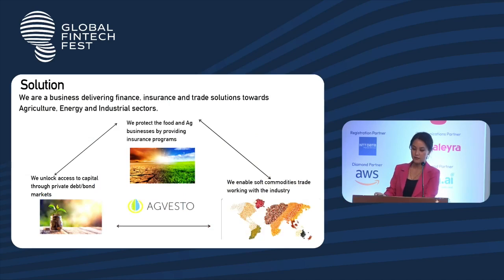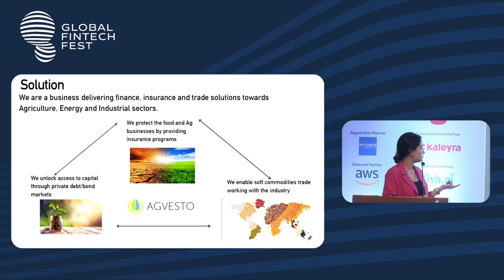Like I said, Agvesto is a UK-based insurance company. Agvesto is a technological business that is offering parametric insurance protection to the farmers and agribusiness against climate-related natural hazards. Here are the 3 areas where Agvesto is focusing.